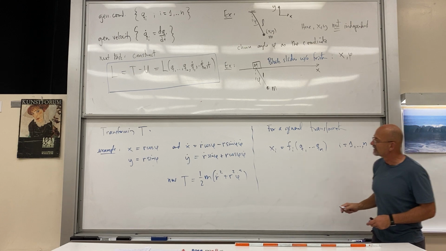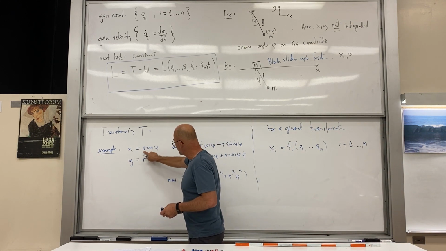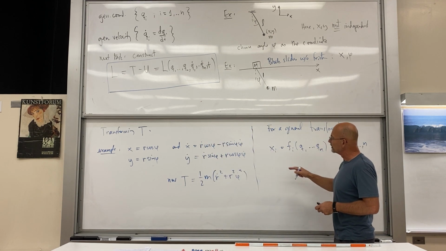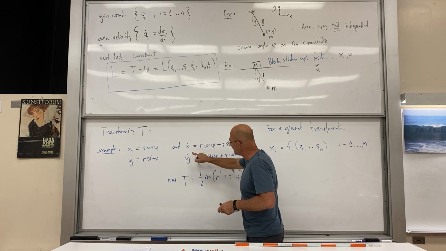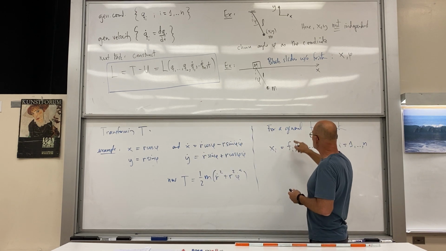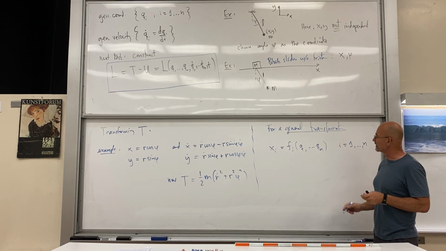That's what we're talking about. In plane polar coordinates, we have x sub 1 and x sub 2, q sub 1 and q sub 2. And what we had to do was take the derivatives, then square them and sum them. So that's our task in general. It's just like the plane polar coordinate transformation.